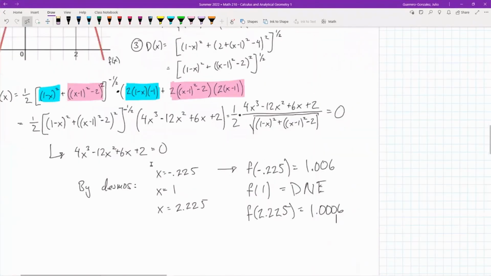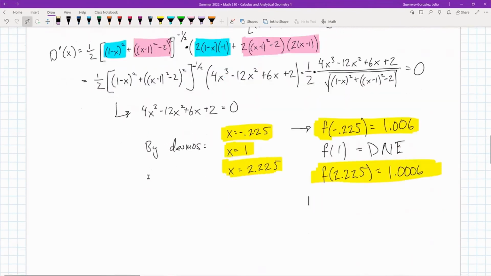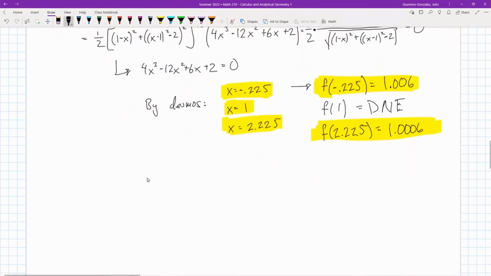From our previous section, we know that the maximums and the minimums have to happen at these critical values, and it just so happens that we found the distance that does them. The original question, so this is the end of part 3, I should write that in.